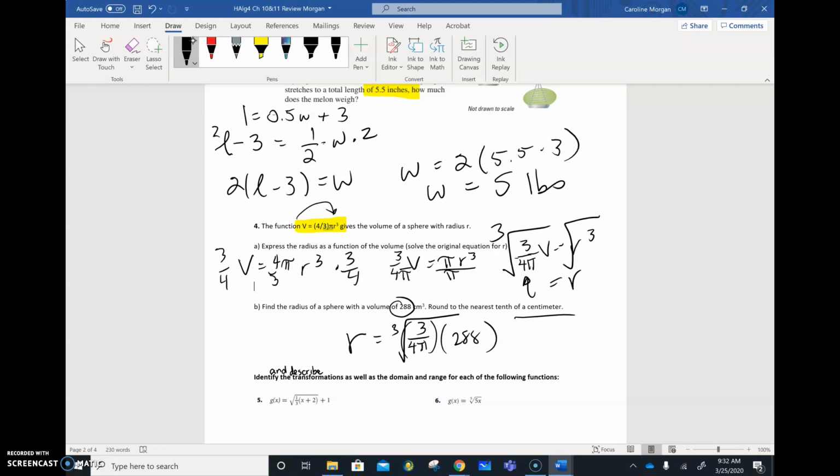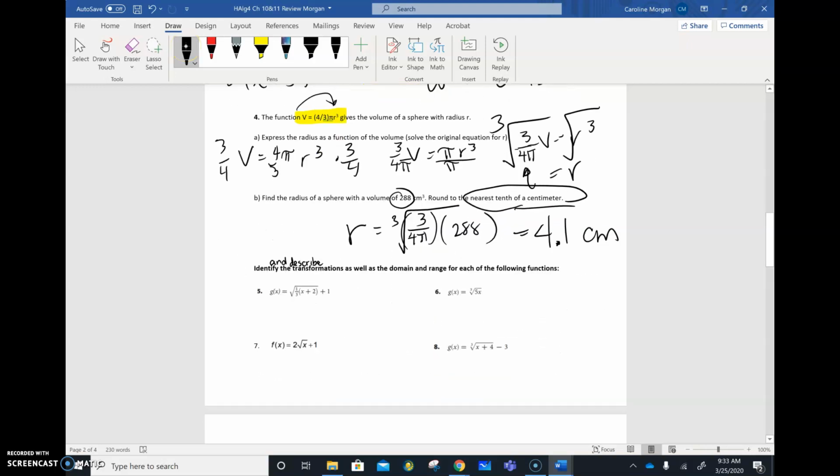Need my light on here to see what's going on. All right, then I'll multiply by the 288. Then I'm going to take the cube root of that. And I get, they want it to the nearest tenth of a centimeter, so it's going to be 4.1 centimeters. Okay? All right, moving on.